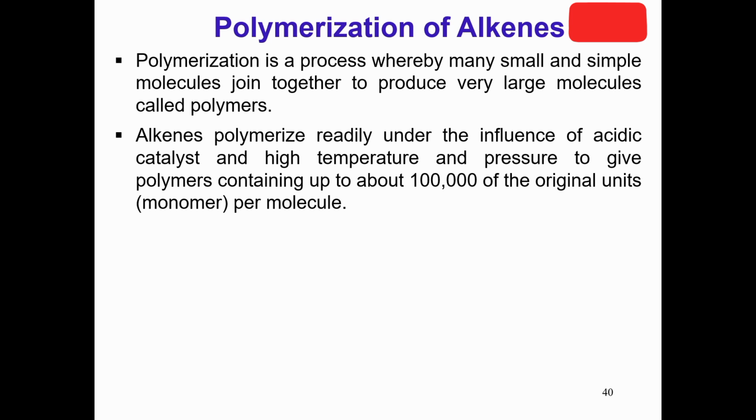Polymerization is a process whereby small molecules or simple molecules, which are monomers, join together to form a larger molecule called polymers. In alkenes, polymerization is influenced by acidic catalysts and high temperature and pressure, and they're going to give up to 100,000 monomers per molecule.